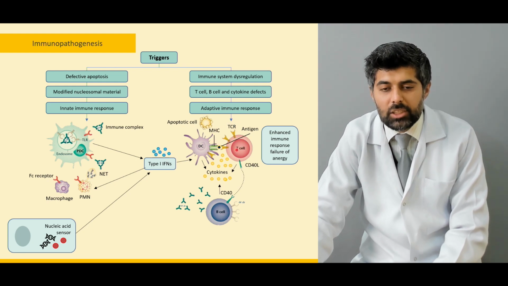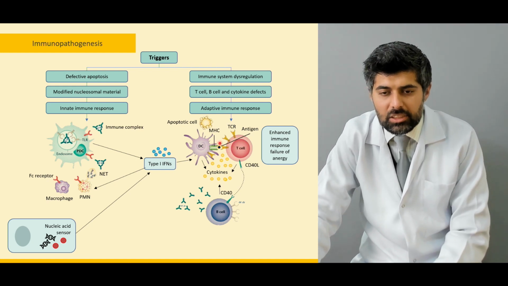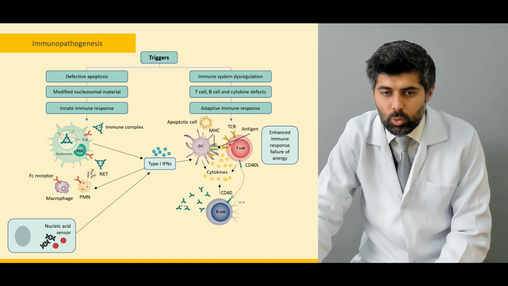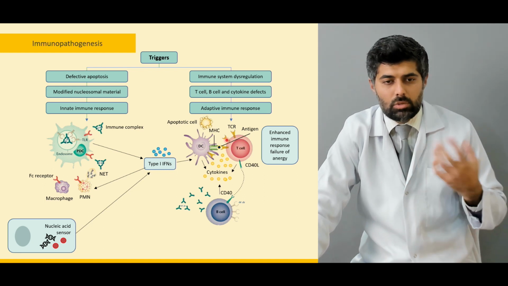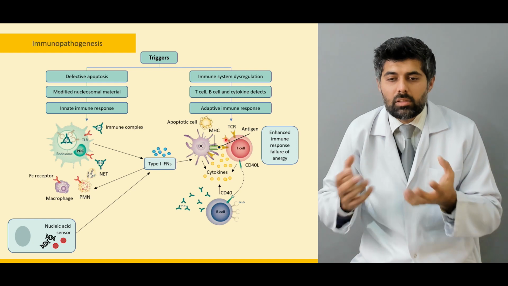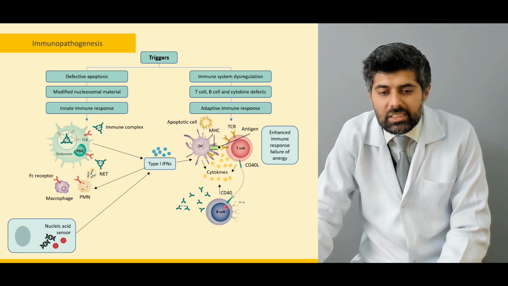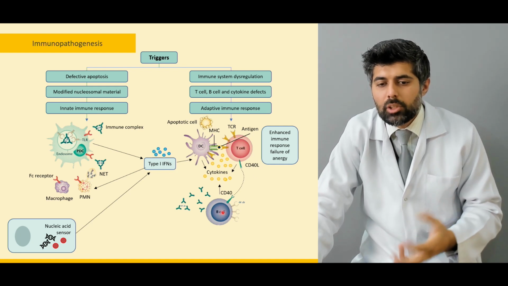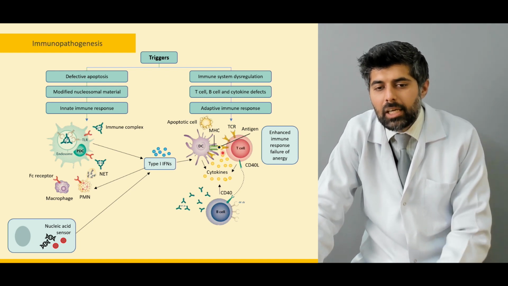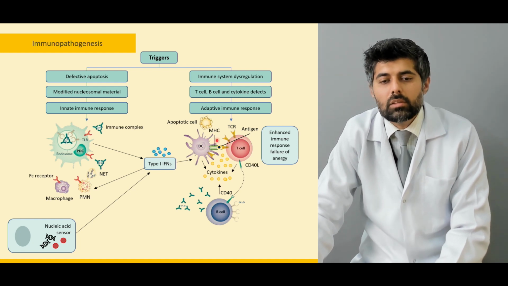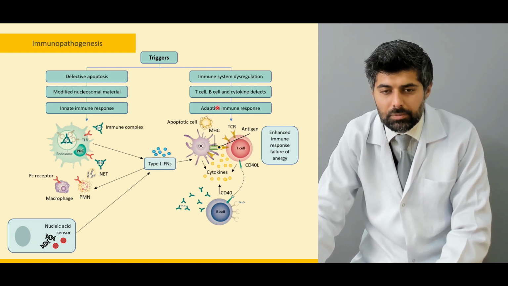This is the MHC or the major histocompatibility complex, and this is giving rise to both the immune complexes, and the enhanced immune response has failed because this B cell is continuously producing these antibodies, but these antibodies start to get stuck in immune complexes in the adaptive immune response.